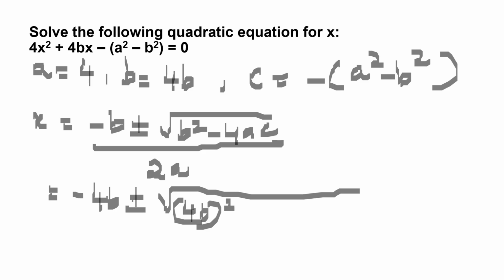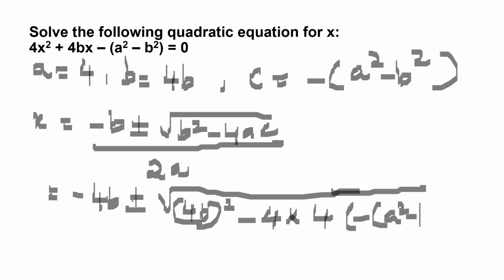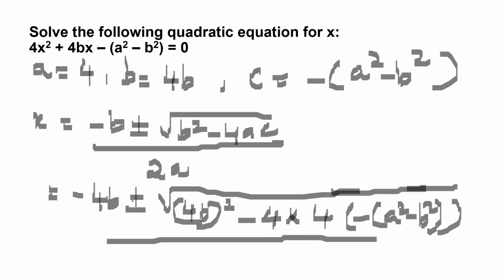We'll write in the next step, minus 4 into a into minus a square minus b square, divided by, whole divided by 2 into a.